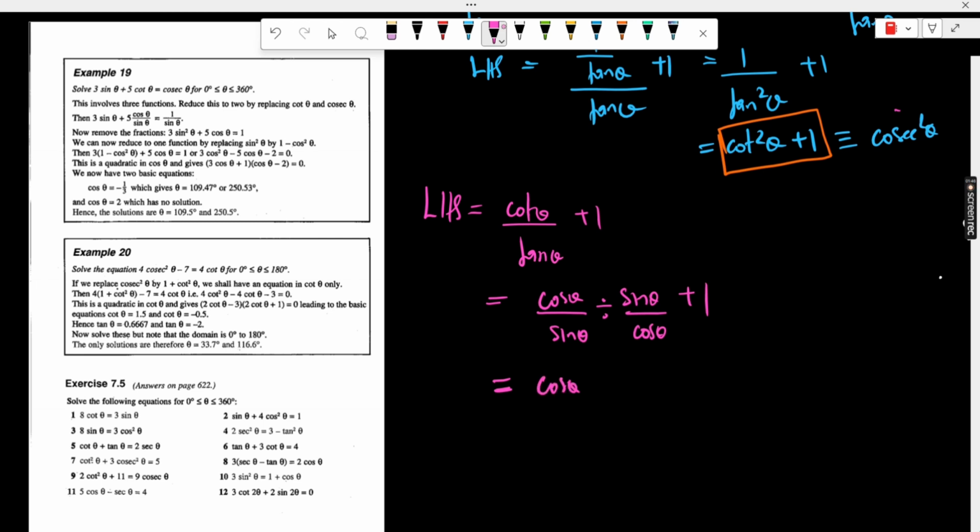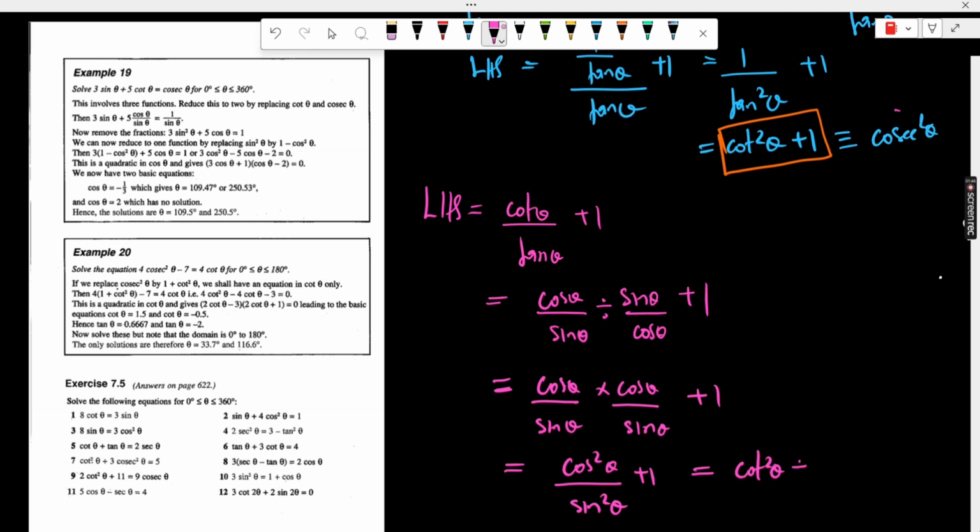So we get cos theta over sine theta times cos theta over sine theta plus 1. When you multiply that up, we get cos squared theta over sine squared theta plus 1, which of course is equal to cot squared theta plus 1, which we do know to be equal to cosec squared theta. So regardless of the approach, either approach gave the same result. The left-hand side simplifies to give cot squared theta plus 1, which we know to be equivalent to cosec squared theta.